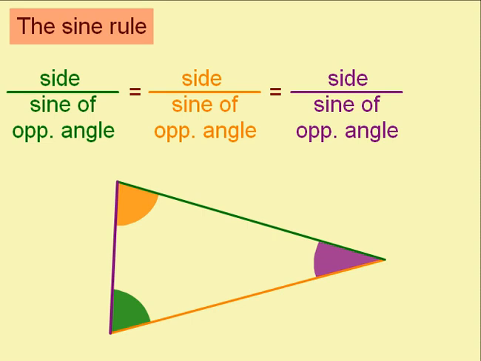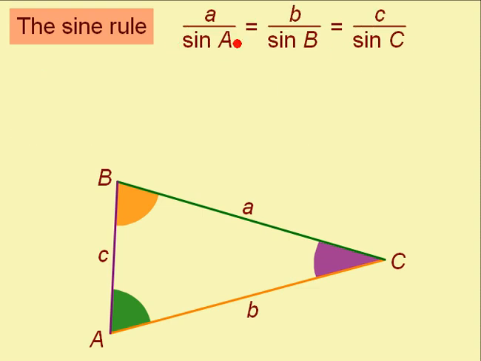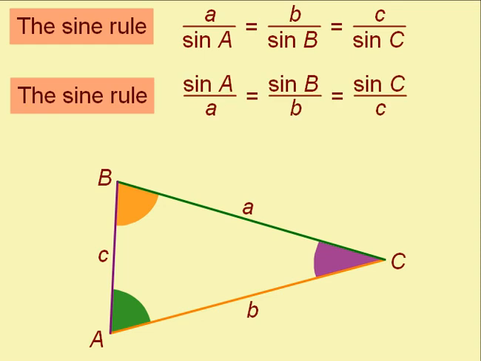Now, if we label our triangle more formally, using lowercase letters for the sides and uppercase letters for the opposite angles, then we can create a formula. And we use this version of the formula to find any of the three sides. If you're actually looking for an angle rather than a side, then we simply flip the formula to get this.